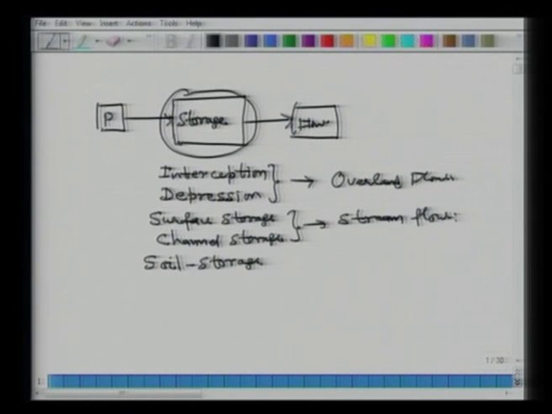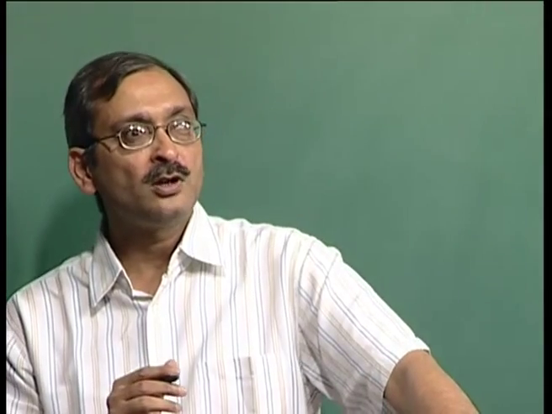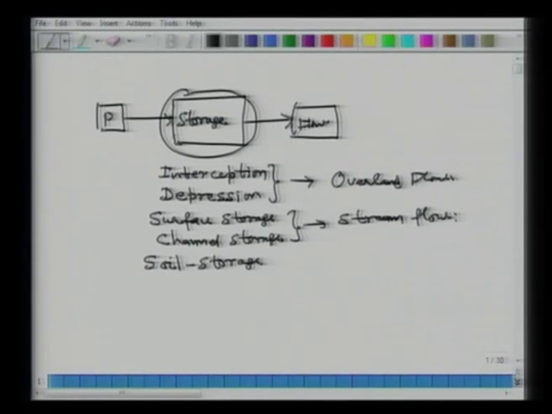When the water gets stored into the soil moisture storage or soil storage, it gets transpired or lost into the atmosphere through the process of evapotranspiration, which we have looked at in the last class. If there is a sufficient supply of water available in the soil storage, it can come out as what is called interflow.